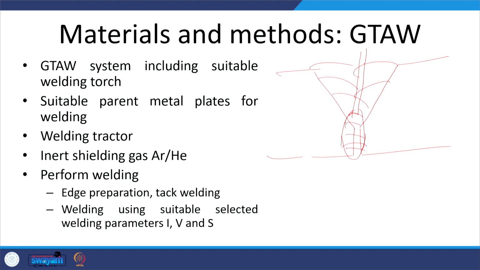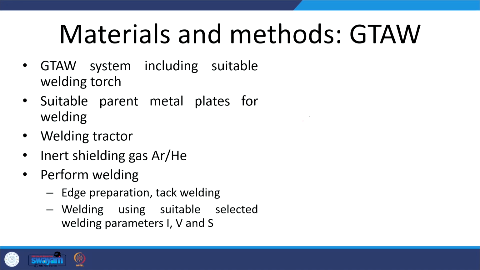So, basically TIG welding uses a welding electrode which is non-consumable. So, if we have to fill the gap, if there is a groove and that groove has to be filled in, then we need to use suitable filler metal. So, the filler metal is fed in the zone. What we do, basically, say this is the gap which has been prepared, the groove which has been prepared, and this is where our arc is.